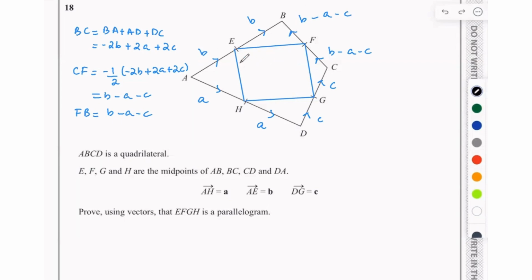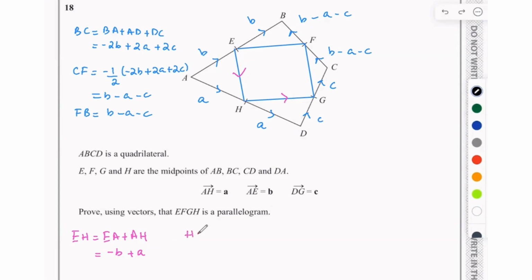So if we begin with finding EH, EH is going to be EA plus AH. So EA is minus B because of the opposite direction, and AH is A. So minus B plus A is EH. Then I'm going to find HG.